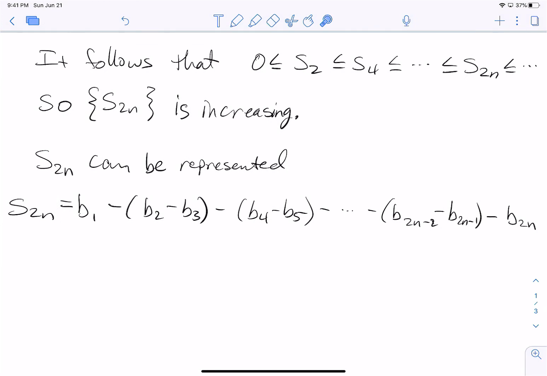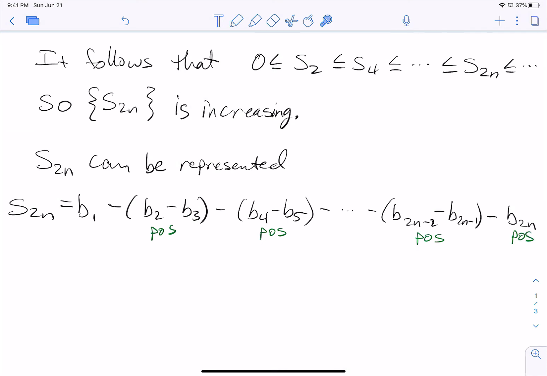What we have though is, since the terms are in magnitude decreasing, b_2 minus b_3 is positive, b_4 minus b_5 is positive, b_(2n-2) minus b_(2n-1) is positive, and b_2n is positive.